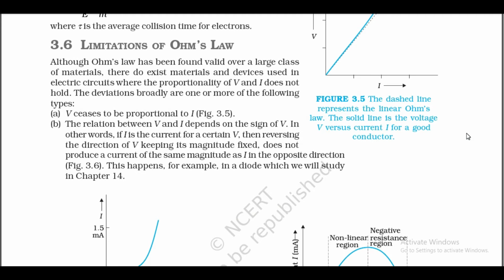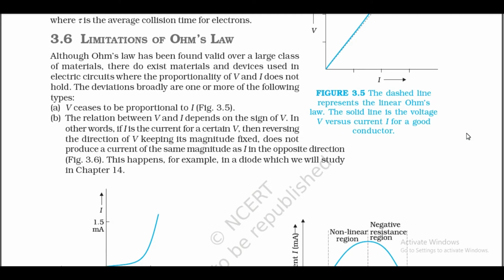3.6 Limitations of Ohm's law. Although Ohm's law has been found valid over a large class of materials, there do exist materials and devices used in electric circuits where the proportionality of V and I does not hold. The deviations broadly are one or more of the following types.